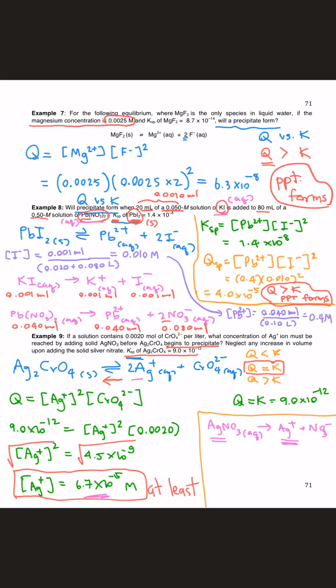Same thing for example 9 as well. The silver ion present in the silver chromate is the same as the silver present in the silver nitrate. Therefore, silver nitrate and silver chromate have the same common ion, which is the silver ion.